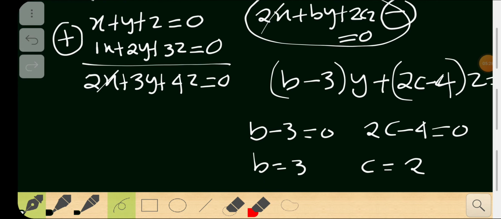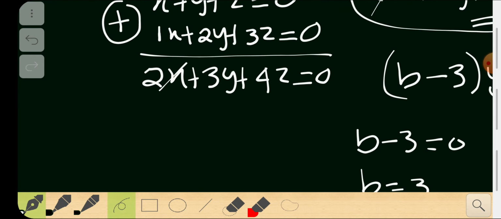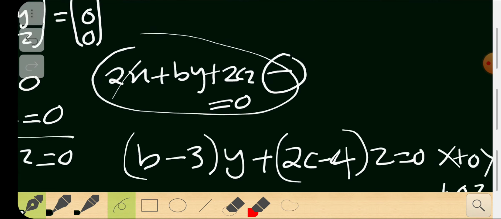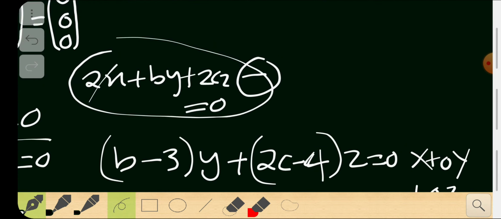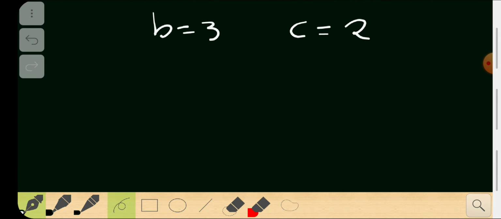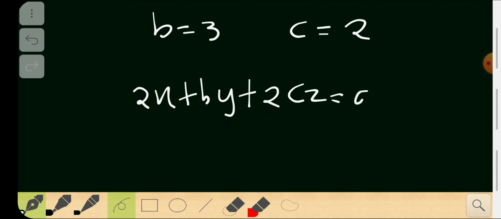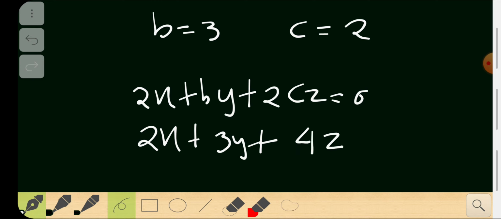Now substitute that back into the final equation. Let's write down that equation again: 2x plus by plus 2cz is equal to 0. Substituting the values for b and c, you get 2x plus 3y plus 4z is equal to 0. So this is the condition.